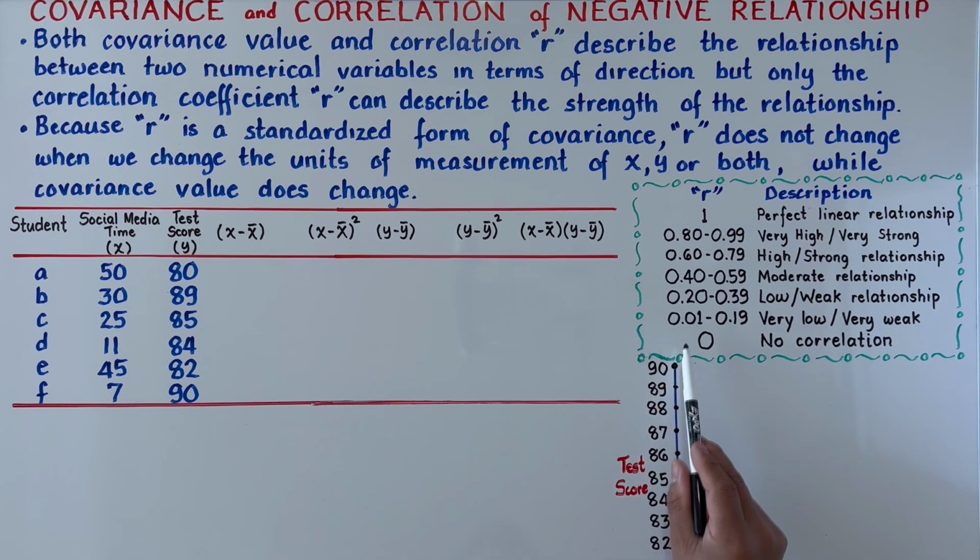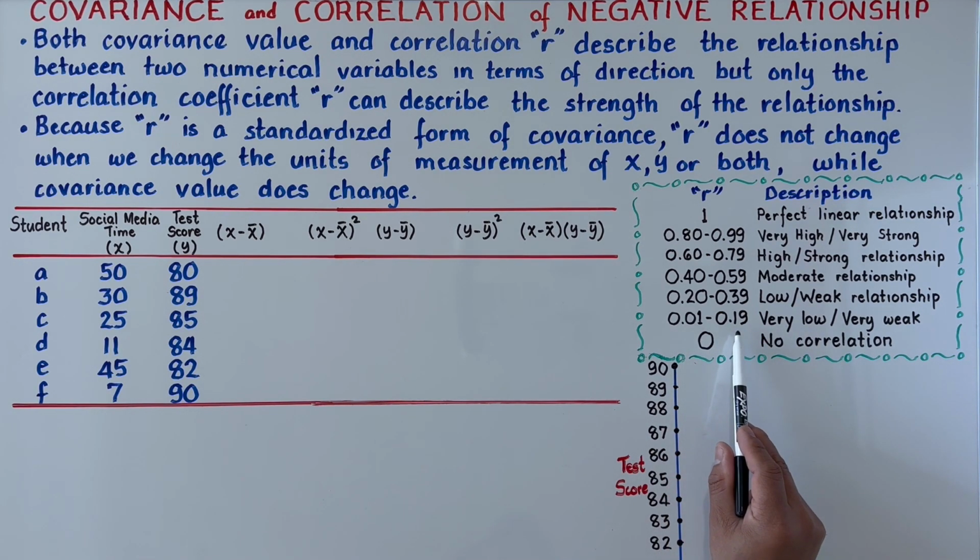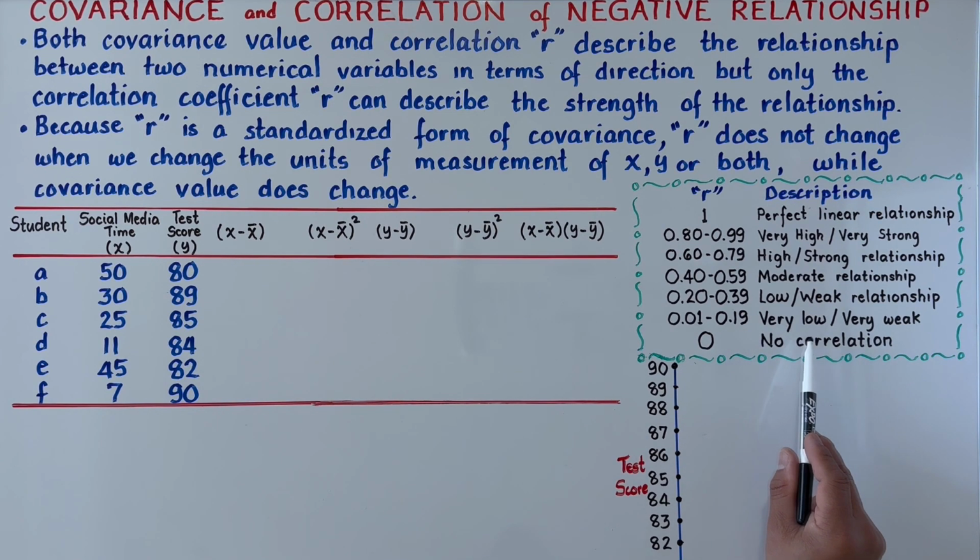And if you have an R value of 0.01 to 0.19, the relationship is very low or very weak. And when the R value is 0, it gives you the idea that the two variables have no correlation at all. So when R and covariance are positive, the two variables have a positive relationship.